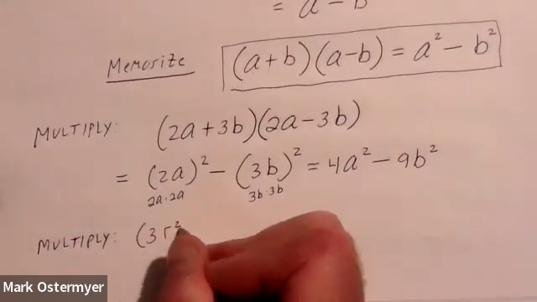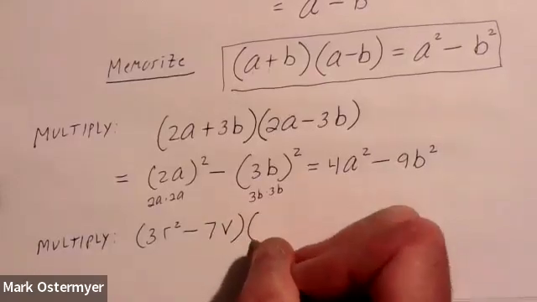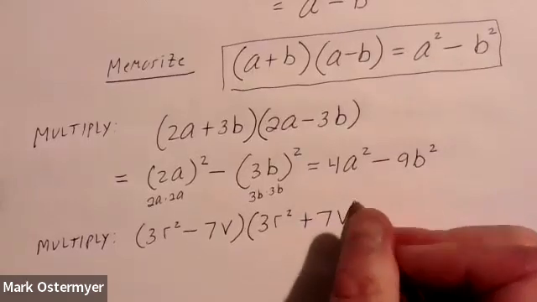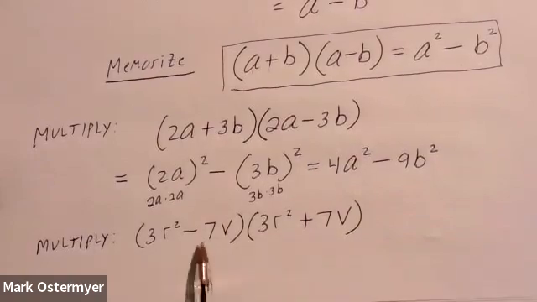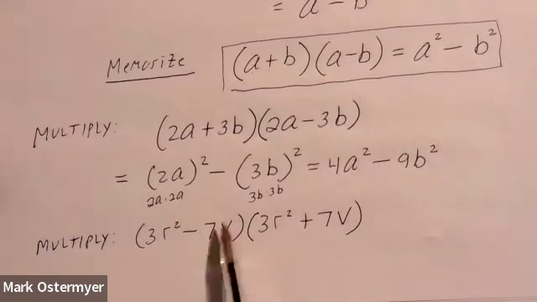3r squared minus 7v times 3r squared plus 7v. Are these conjugate binomials? Yes, it does appear that they are. So in order to multiply these together, we don't have to multiply it all out.